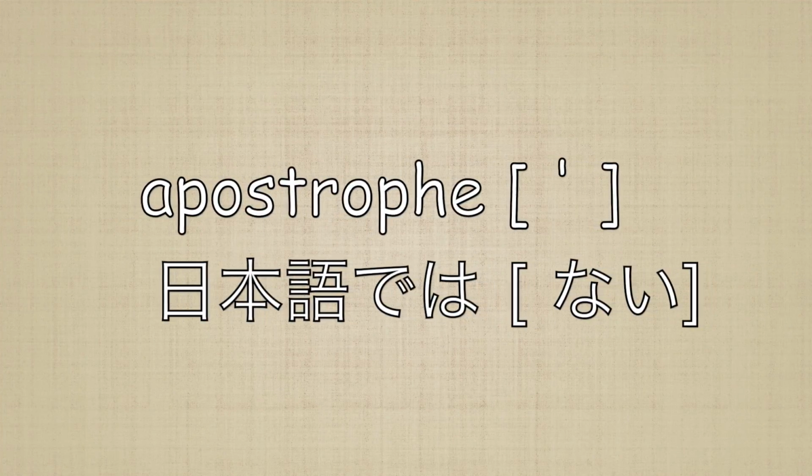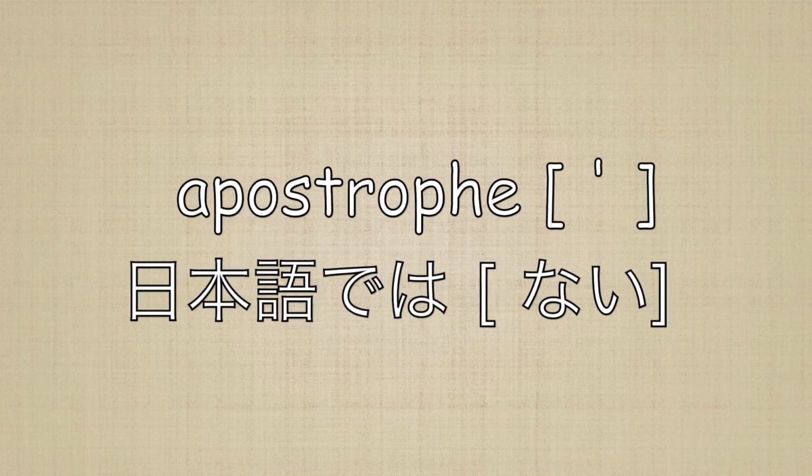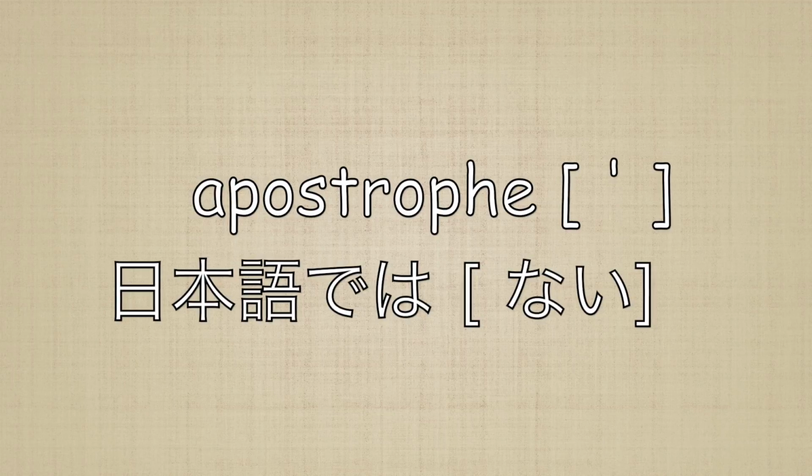Alright, so we're going to look at the next one, which is an apostrophe. There's a few uses for apostrophes, but just for today, we're just going to concentrate on one use, okay? Basically, in English, sometimes we can make things shorter, okay?